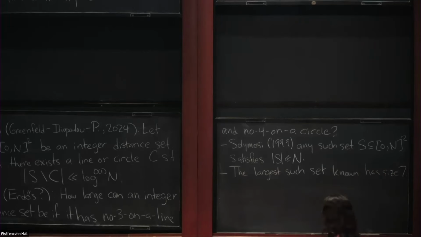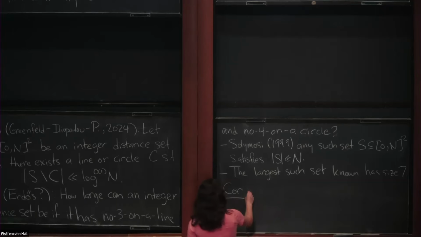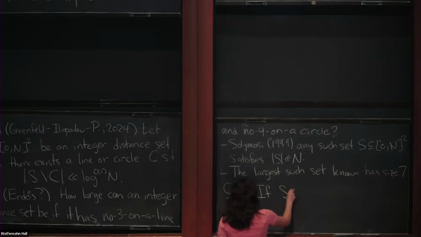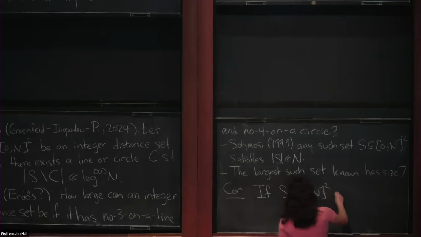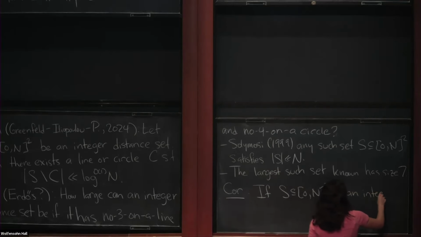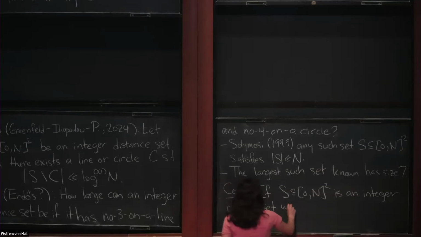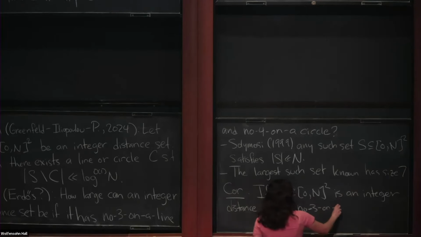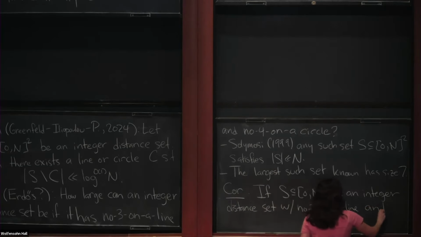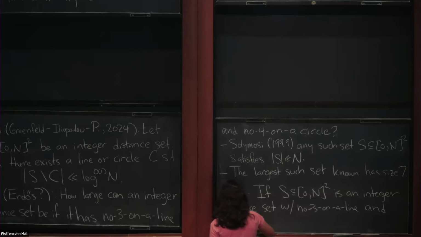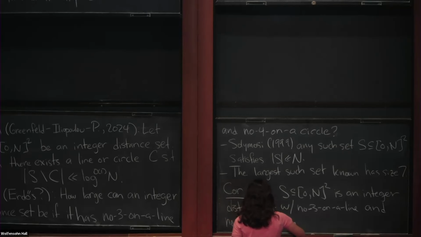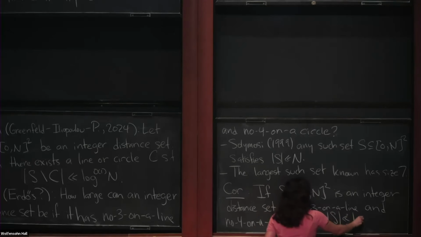By using our structure theorem, we can immediately improve this upper bound of Shoimoshi from linear in N to a power of log N. So if S, a subset of an N by N box, is an integer distance set with no 3 on a line and no 4 on a circle, then it has size at most a power of log.